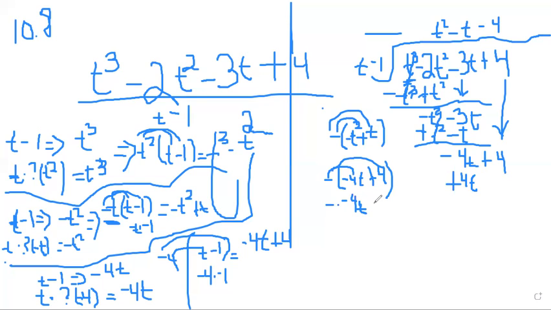Negative times 4, that's going to give me a negative 4. And once I see here, the negative 4t, positive 4t cancel out, positive 4, negative 4 cancel out, 0 remainder. So now I have my final answer, t squared minus t minus 4, final answer.